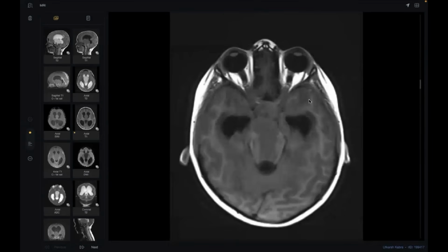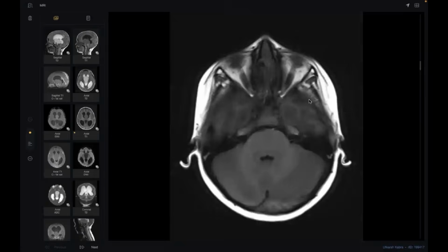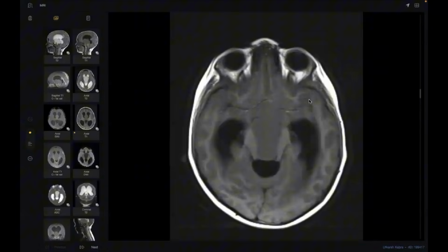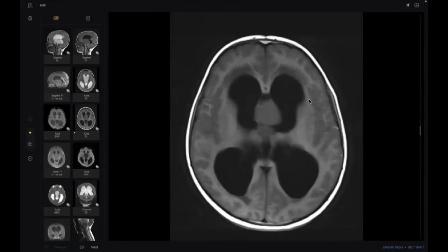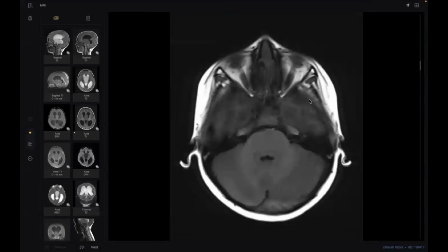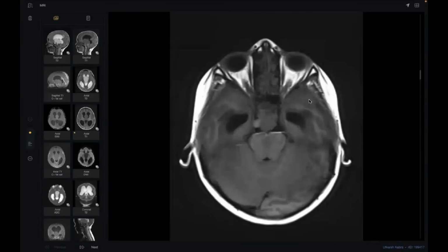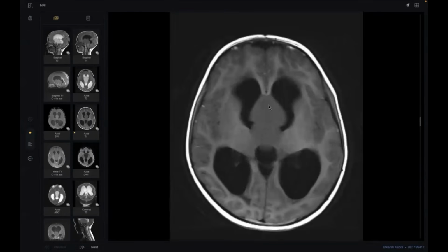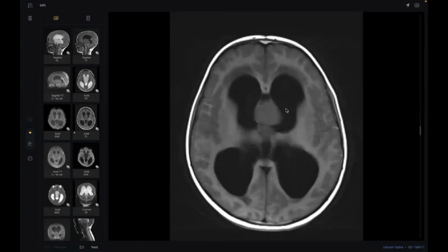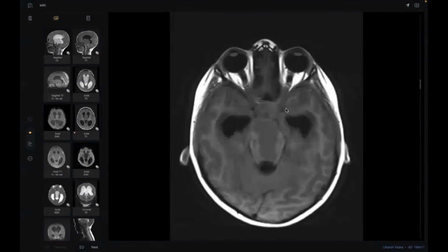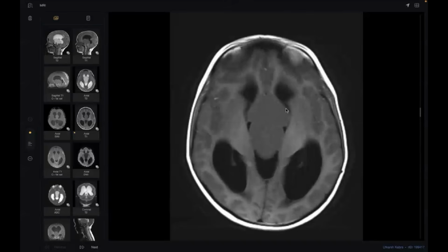This is isointense to the gray matter, so it may be non-enhancing soft tissue. It can be proteinaceous material in it, so that's why it's not CSF. It has a characteristic name. Do you remember it?